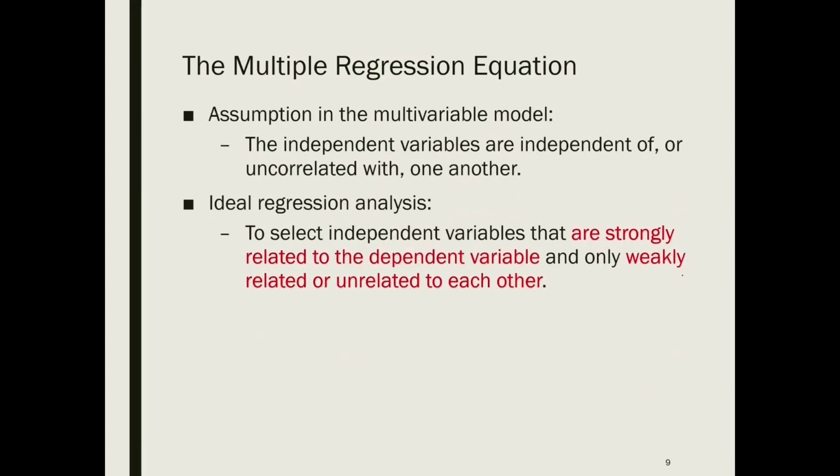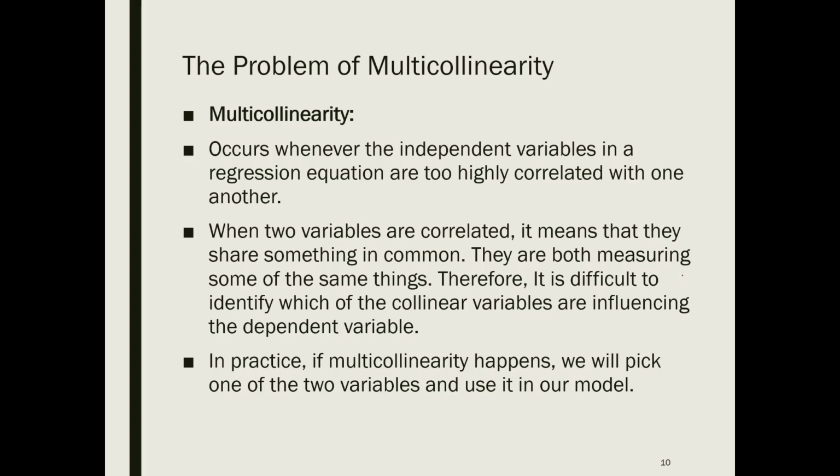So in a great, or ideal, regression analysis, the independent variables we pick are strongly related to the dependent variable, and also weakly related or unrelated to each other. This is very important. If you don't do that, then you will face the issue that some of the independent variables will be correlated, and it will mess up the equation.